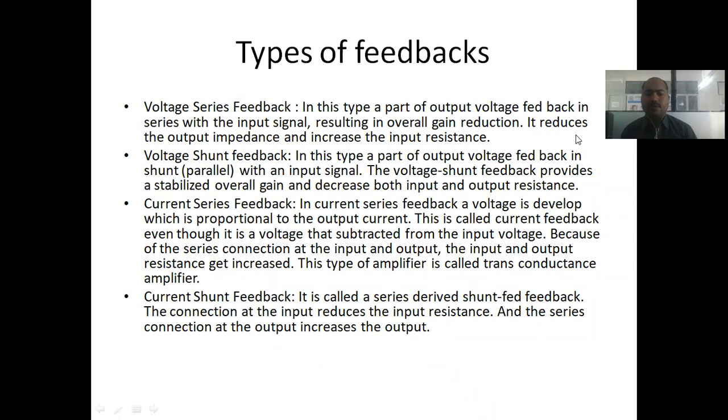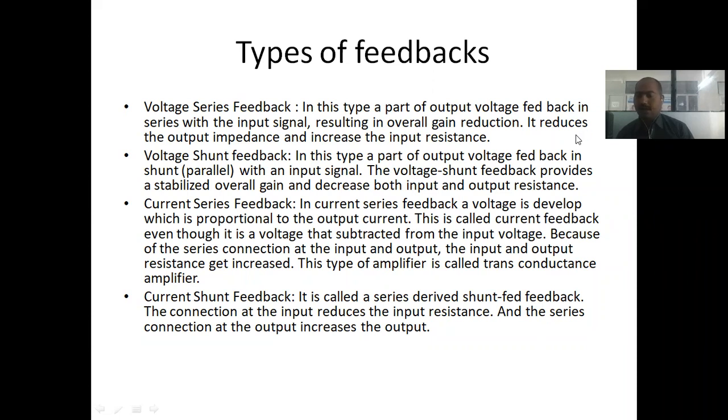That type of feedback is called voltage shunt feedback. When we use voltage shunt feedback, it stabilizes the gain, right? Means when we require a stabilized gain, that is, the gain should not vary with respect to time, in that case we use voltage shunt feedback in the amplifier configuration.